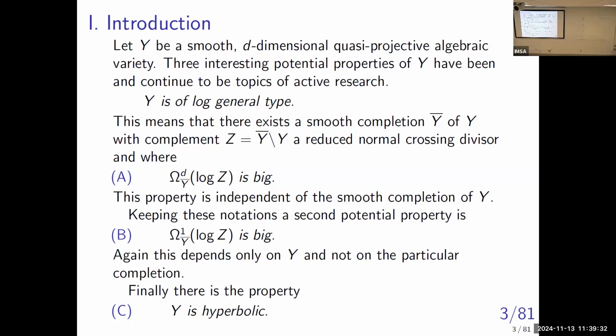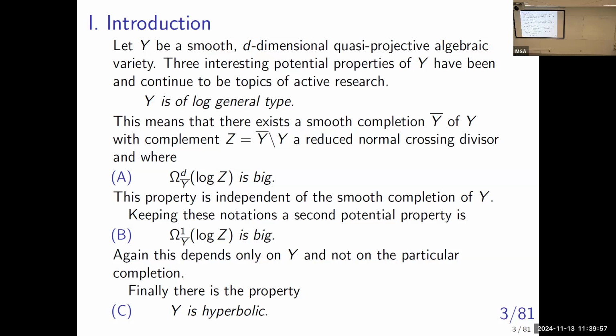Log general type means that if you look at the differentials of top degree and you allow logarithmic differentials, so if z equals 0 is the equation of one of the hypersurfaces at infinity, you allow dz over z, otherwise it's holomorphic. So that's what log means.